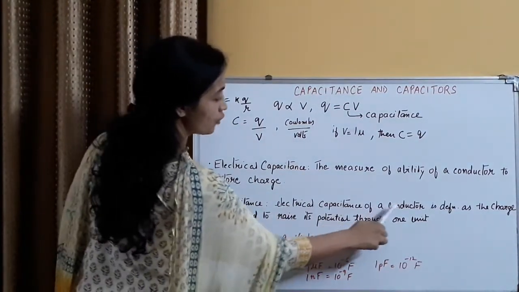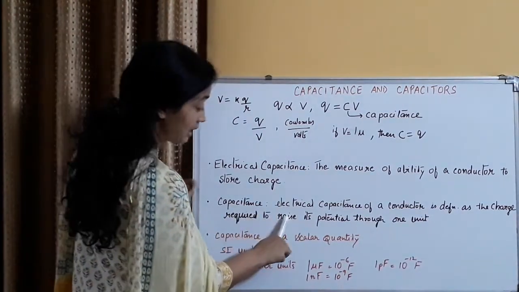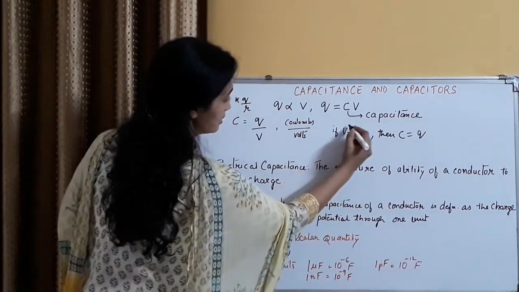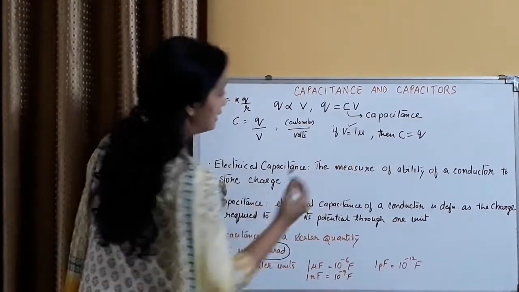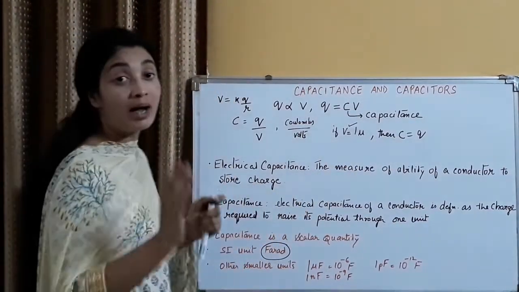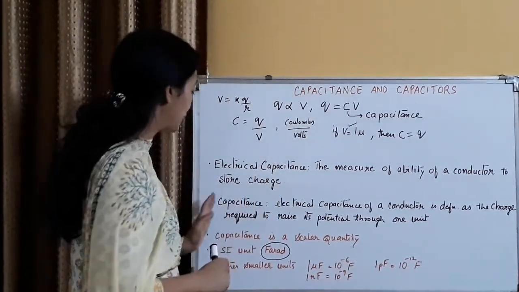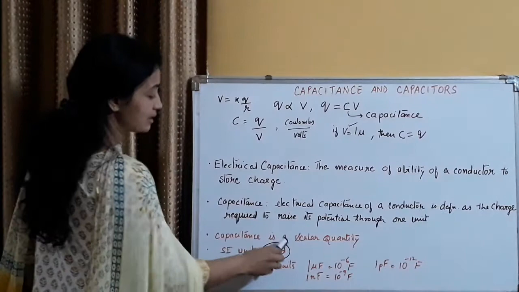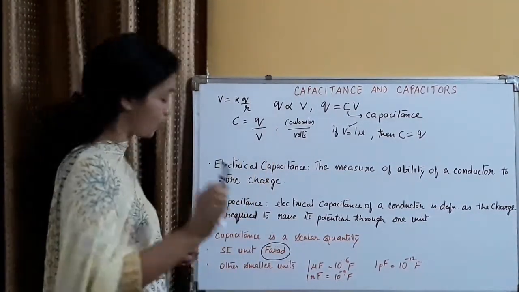Electrical capacitance of a conductor is defined as the charge required to raise its potential through 1 unit. Capacitance is very much a scalar quantity. Charge and potential, they both are scalar quantities.